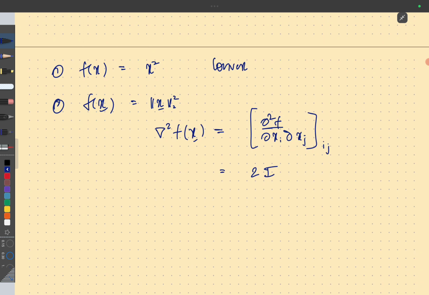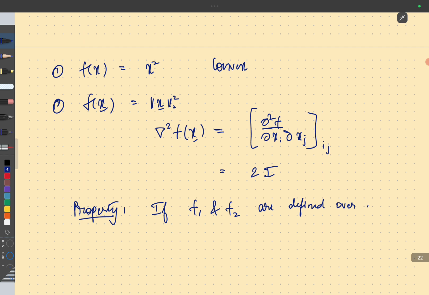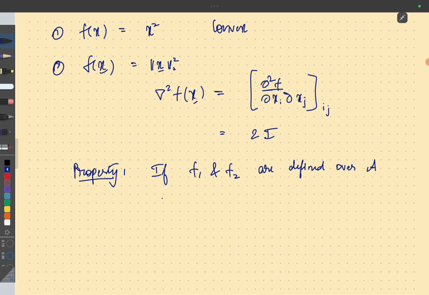But a useful property is the following. Suppose that I have two functions, f1 and f2, which are defined over the same set, and they're both convex.